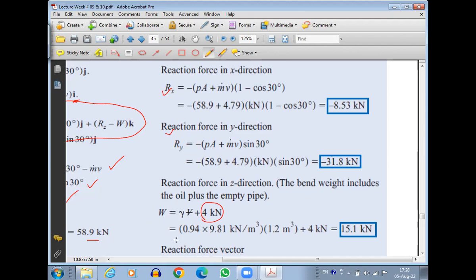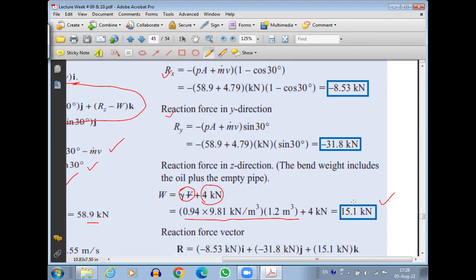So the specific gravity of the oil multiplied by the specific weight of the water gives us the specific weight of the oil. Then this multiplied by the volume of the oil gives the weight of the oil. So W equals gamma V, the weight of the oil, plus the weight of the pipe bend.